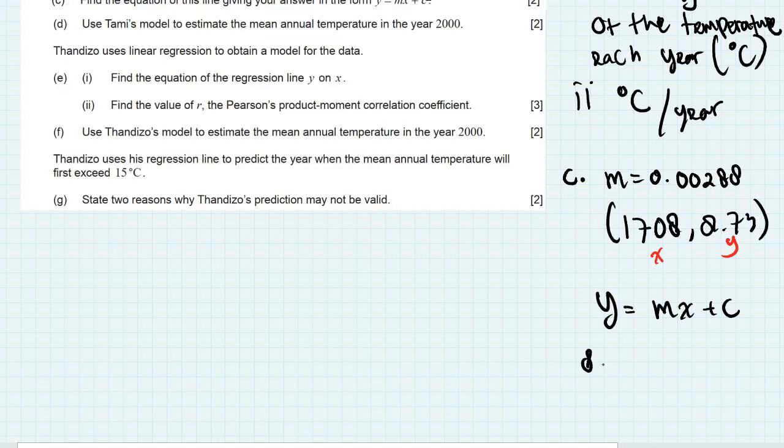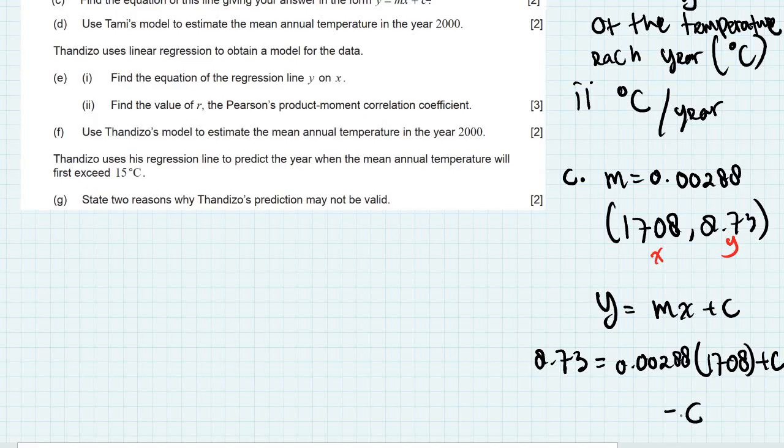So the y is 8.73. Oh my god, we don't have enough space, sorry. Okay, let me rewrite it again. We have 8.73 is equal to 0.00288 times x. X is 1708 plus c. Okay, that's better.